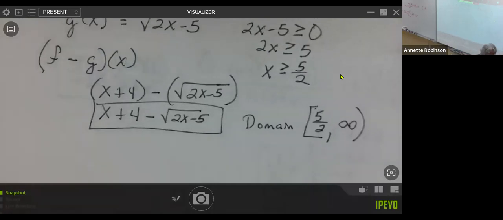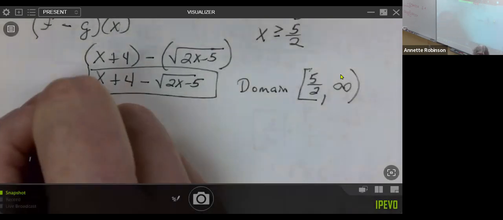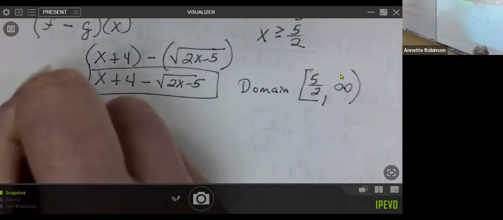The bottom half of that same question is asking you to do f over g of x.